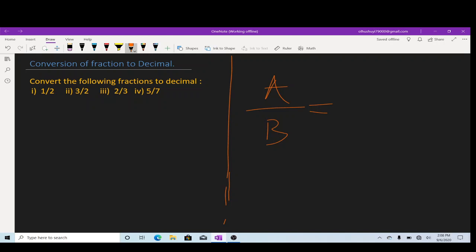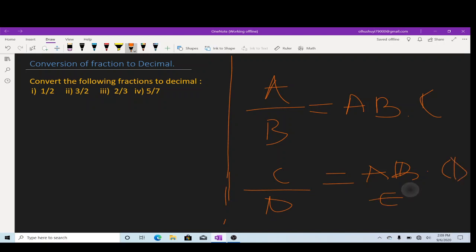So it's either you have, let me say, AB.BC straight up, or you have C upon D equals AB, then a dot, then C, then D, and it keeps repeating D, another D, another D. What are you seeing?